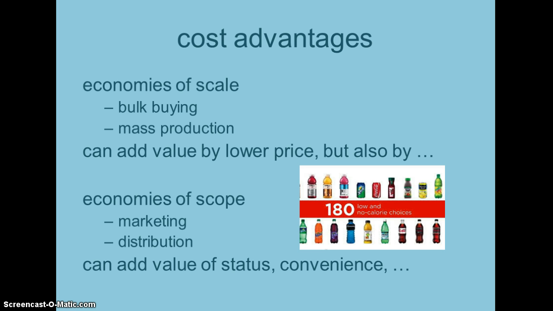Coke green tea, for example. It is within the Coke brand, and the marketing of it will cost less than when you would have come up to the market with a completely new brand and type of drink. Of course, distribution, all the different products under one company will go through the same distribution channels, and there again you save money there. Using the same brand for different products can add the value of status, and another way of economy of scope can add convenience, as in cost savings, distribution-wise, other things.